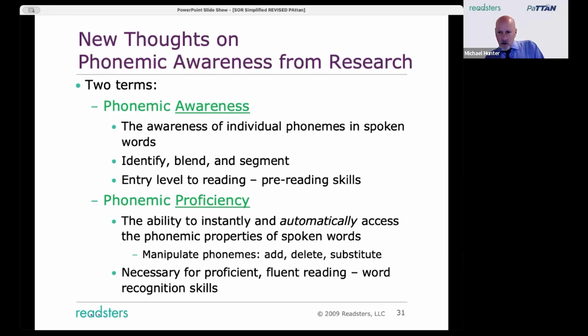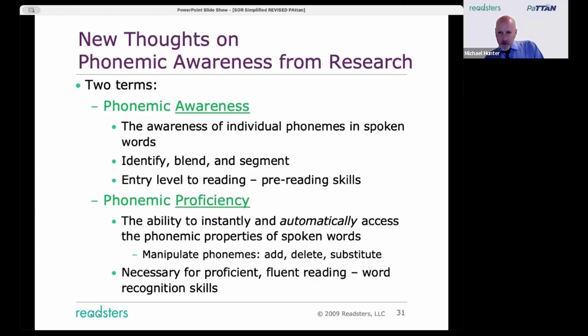This, according to Kilpatrick's research, which is very strong, is absolutely necessary for automatic proficient reading. So if we want a good, strong reader, not just a decoder, but a strong reader, the student must develop the phoneme manipulation skills.